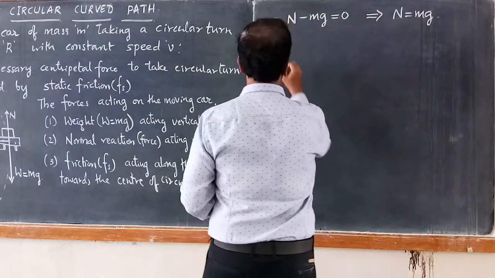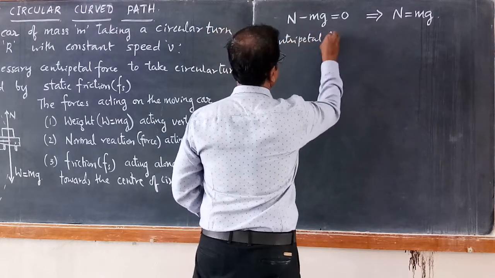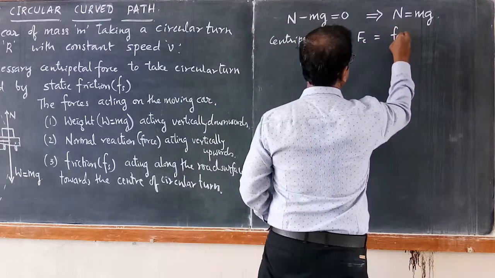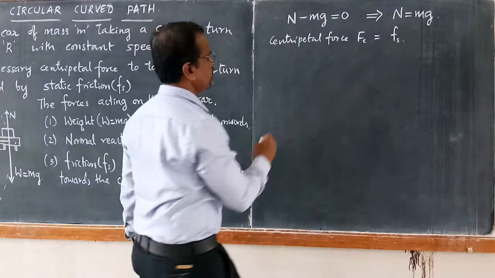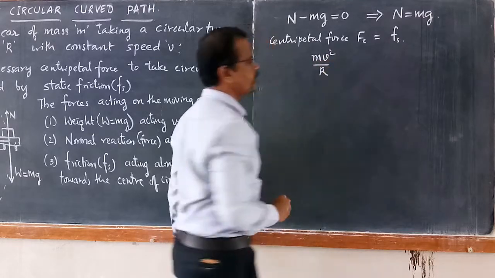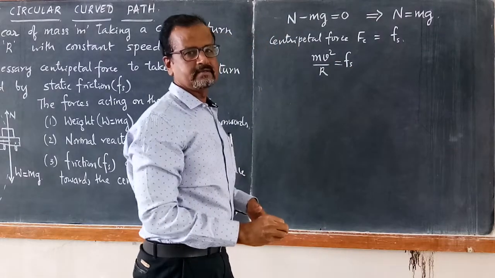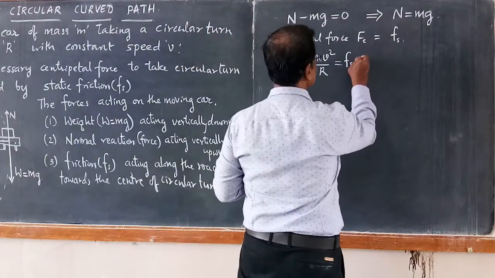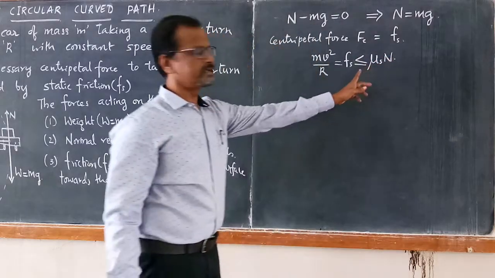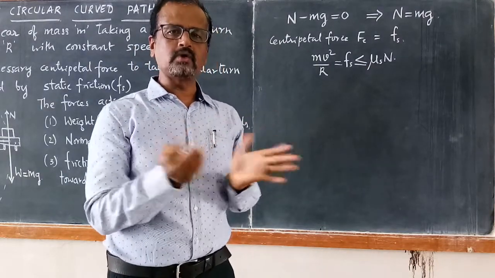Now centripetal force Fc is provided by static friction. Therefore, I will write here mv square by r is equal to Fs. But what is Fs from the previous knowledge? Fs is less than or equal to mu s N, where mu s is the coefficient of static friction between the tire surfaces and the road surface.